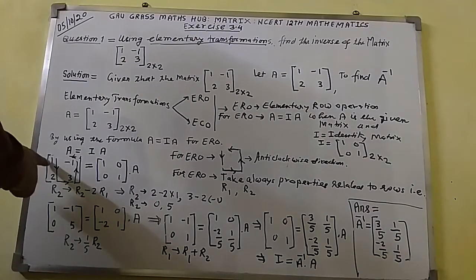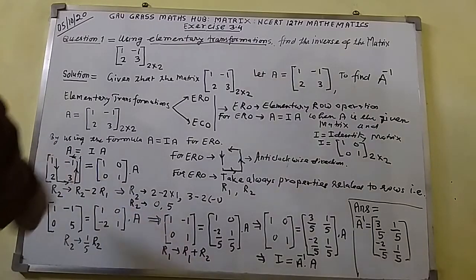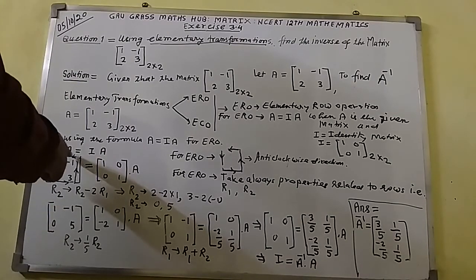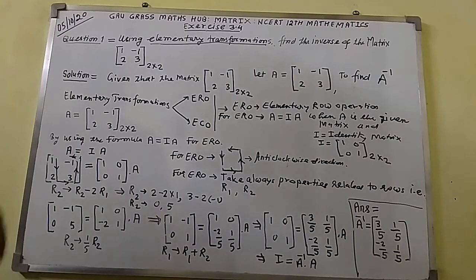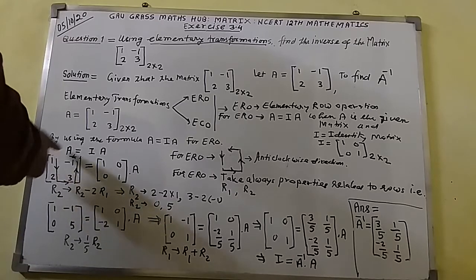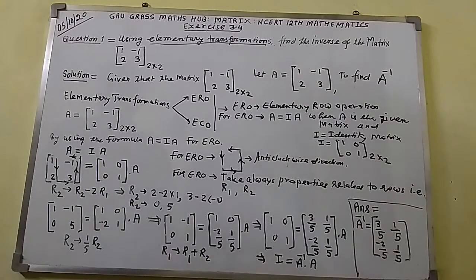Here you can see the given matrix A will be converted into identity matrix. The elements of principal diagonal in identity matrix should be 1, 1 and the rest of the elements should be 0, 0. So my aim is that the elements of principal diagonal should be 1. Here 1 is there, so 1 will remain as it is.